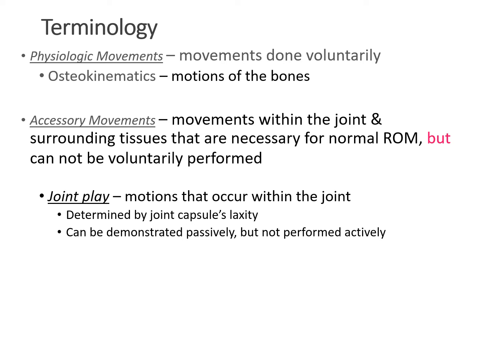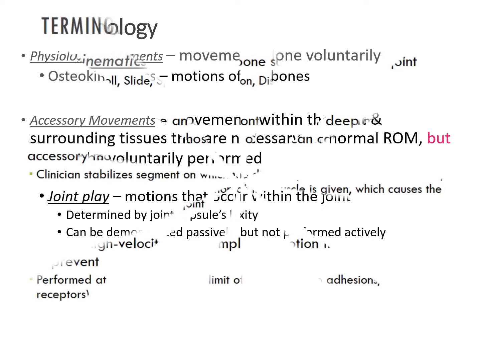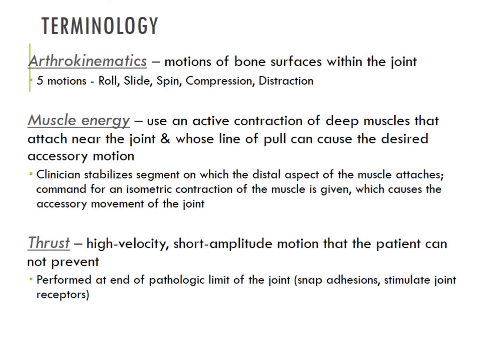So this joint play can be determined by the joint capsule's laxity and it can be demonstrated passively and not performed actively. So under arthrokinematics, we have five movements, which are rolling, sliding, spinning, compression, and distraction.